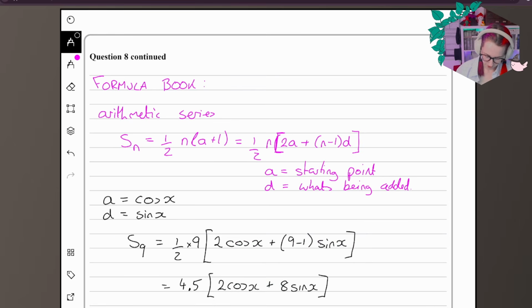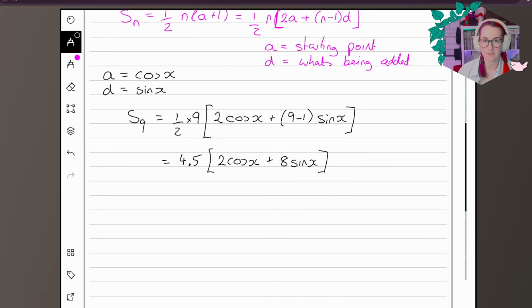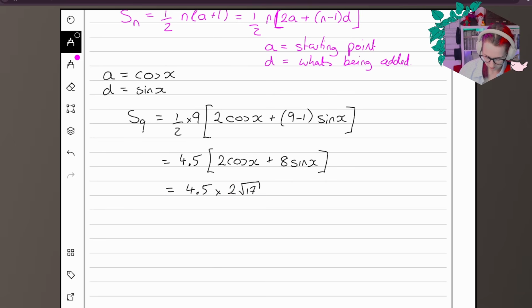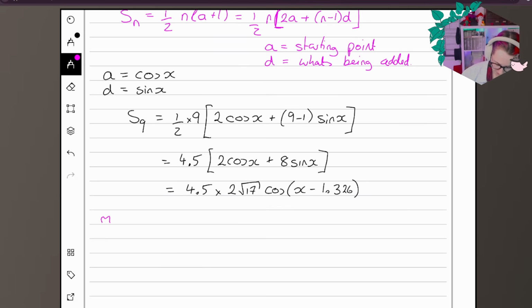So let's have a look at what happens if we do that, because we're looking for the maximum value this can take, okay? So we get 4.5 times, and we know that this is 2 root 17 cos x minus 1.326. So what we're looking for is the max of S9.